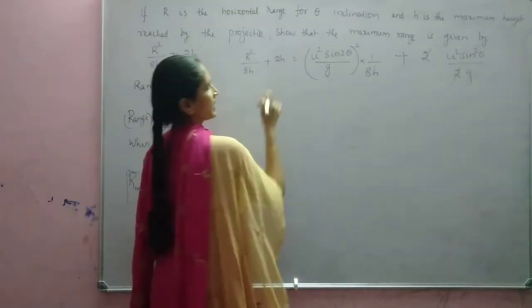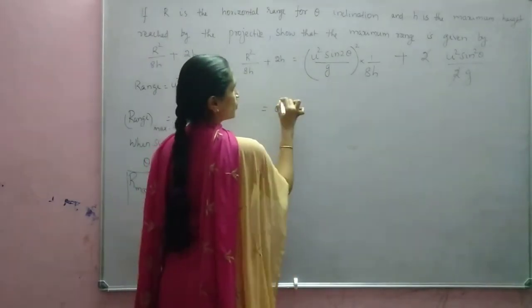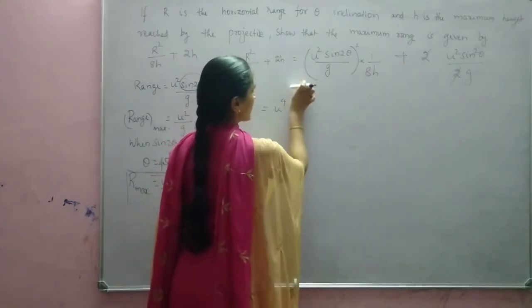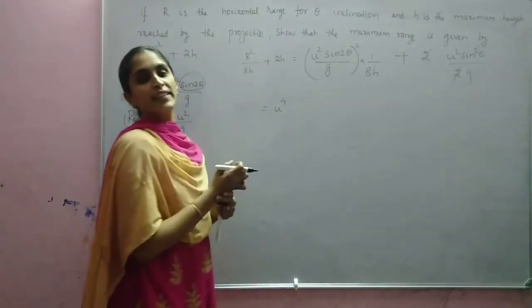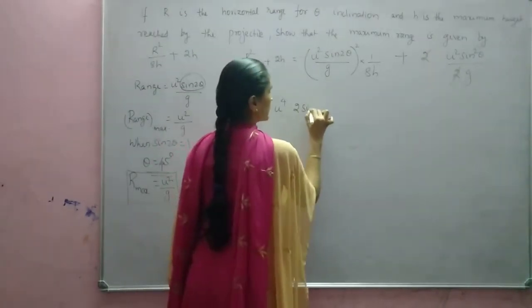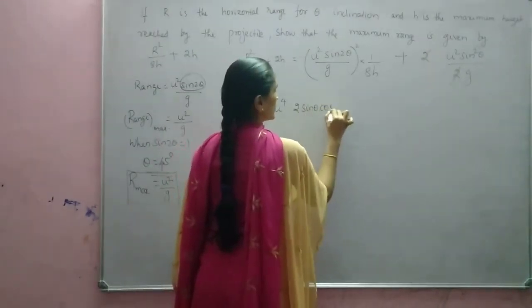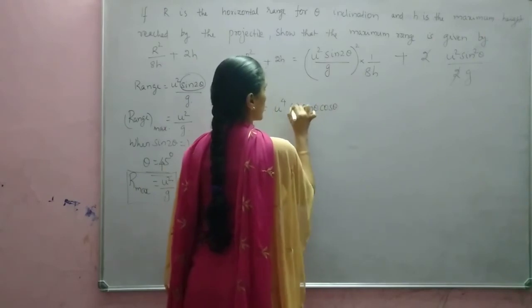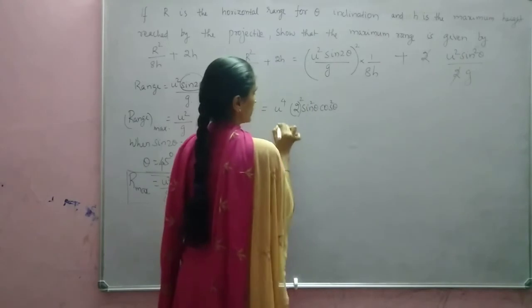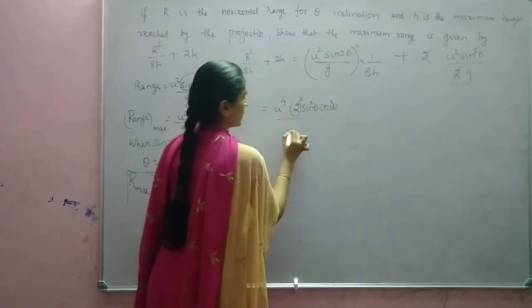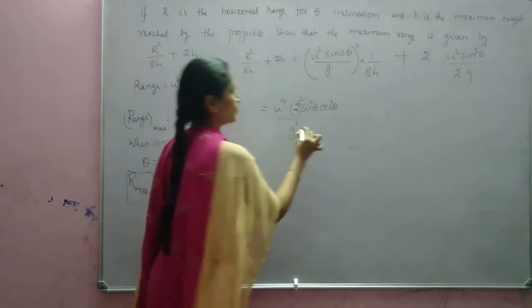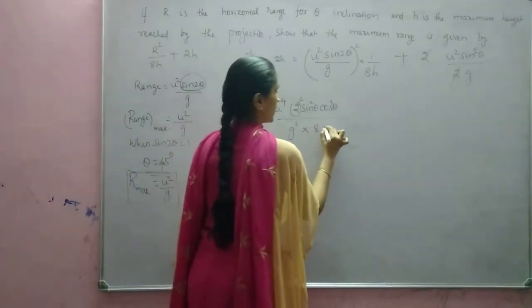So here we can write, u raised to 4, sine 2 theta can be written as 2 sine theta cos theta. So what you will get, 2 sine theta cos theta whole square. So you can write it as 2 square sine square theta cos square theta divided by g square, into 8. Now H formula.